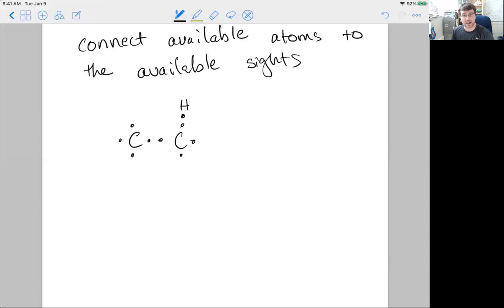Now, how do I connect a hydrogen atom to a carbon atom? Well, I'm going to draw a covalent bond as shown by 2 dots spread across each of the 2 atoms. A covalent bond or an attachment forms when we take our atoms and connect them by a 2-electron bridge between the atoms.